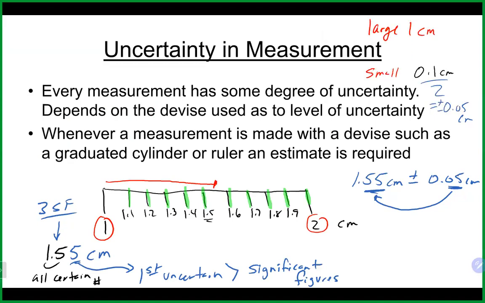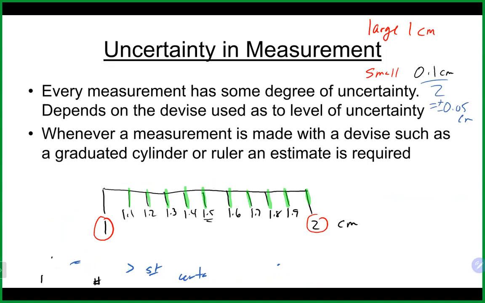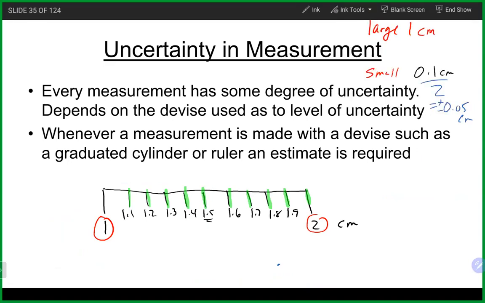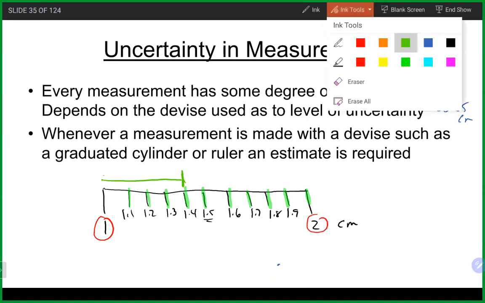We'll steal this ruler here, give it a go again. All right, let's say I wanted to measure this guy right about here, and it's dead on the marking there.